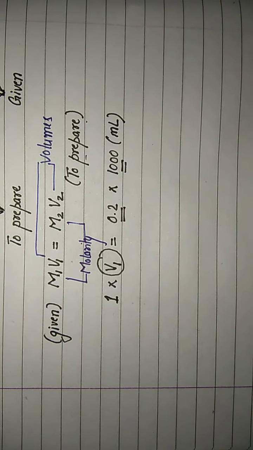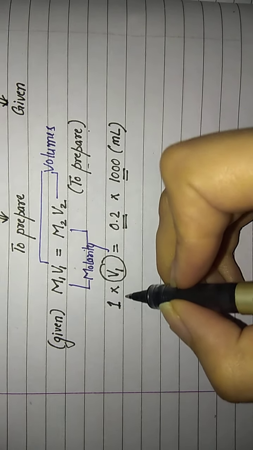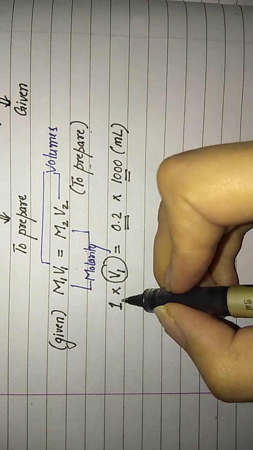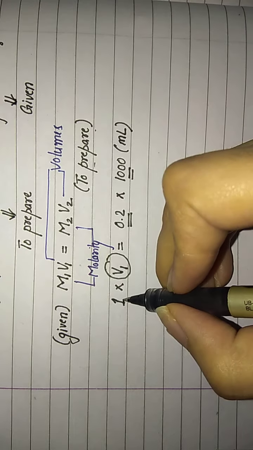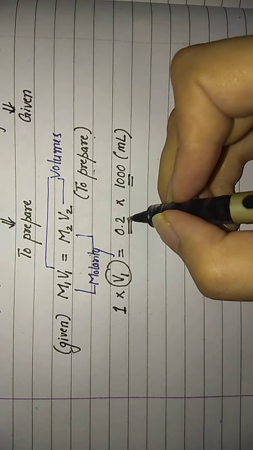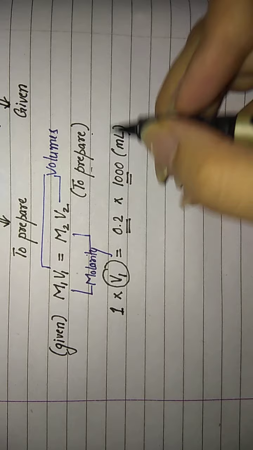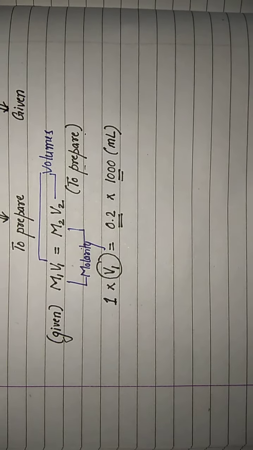I am repeating this statement once again. How much volume of 1 molar NaOH solution will be taken so as to prepare 0.2 molar in 1000 ml? So the only variable that I have is V1.